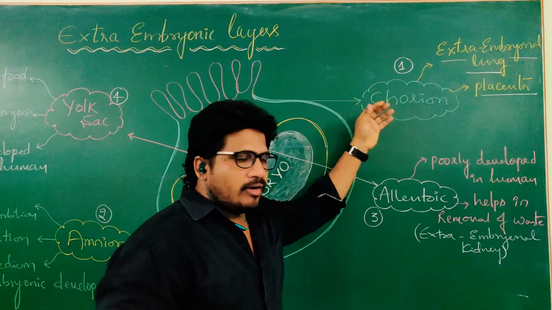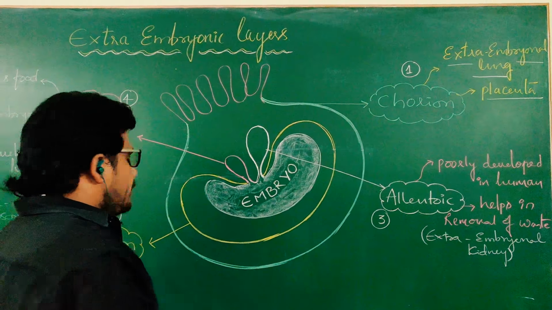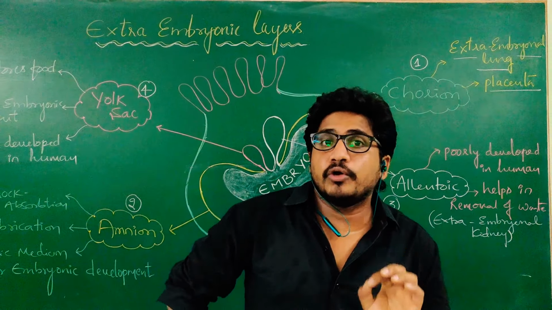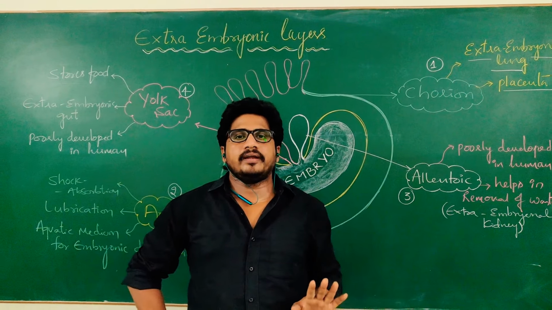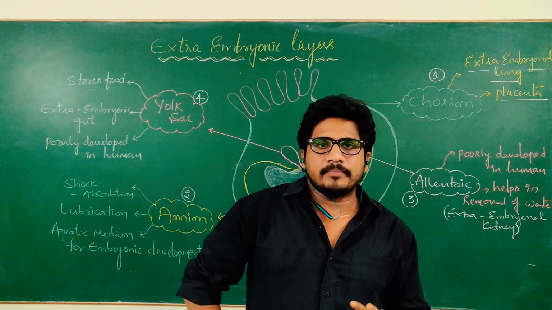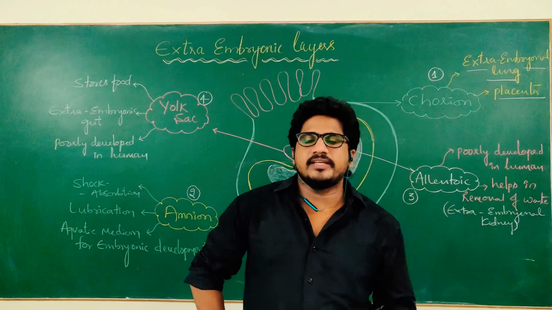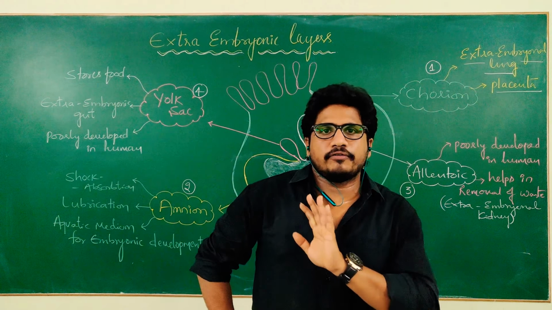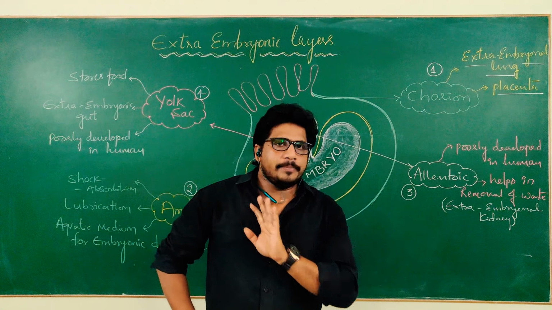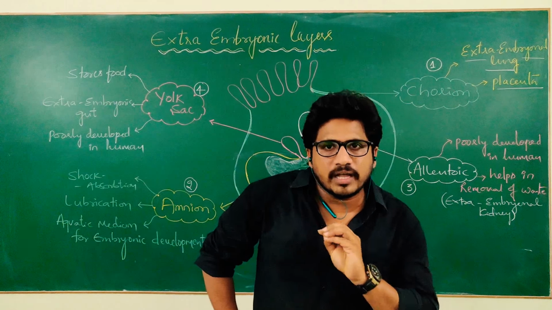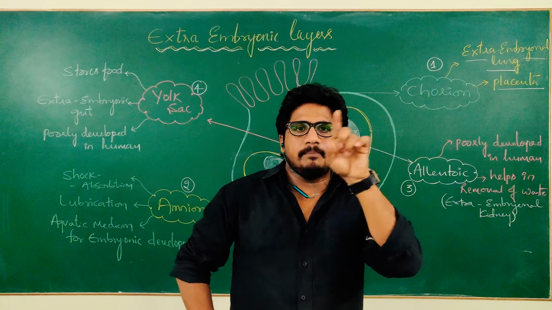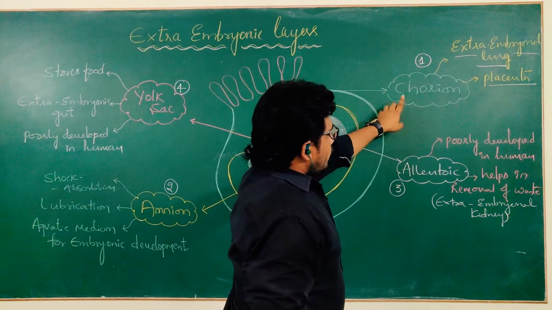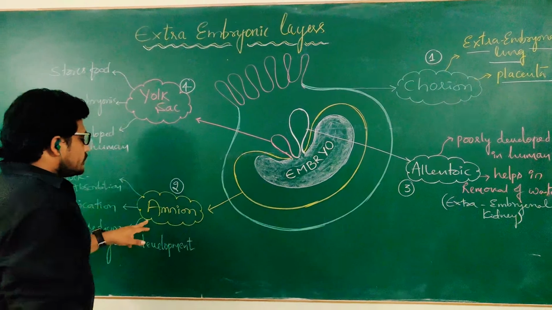And whether it is chorion, allantois, yolk sac or amnion, all four extra embryonic layers are derived from the trophoectodermal layer, not from hypoblast cells, not from epiblast cells, not from any of the embryonal cells. Clear?